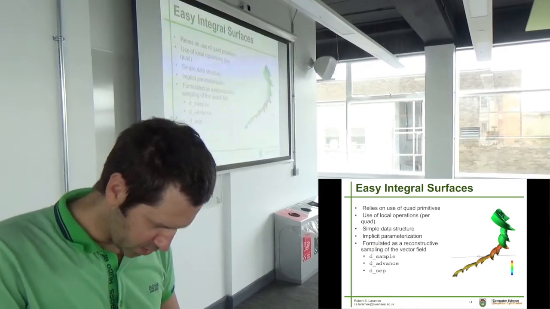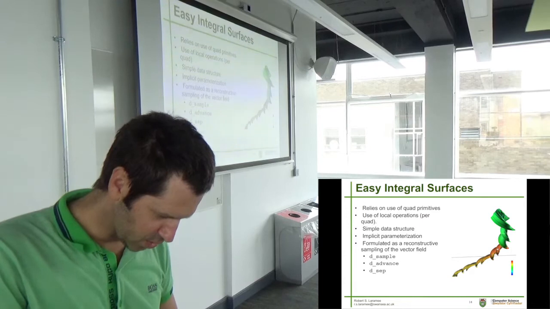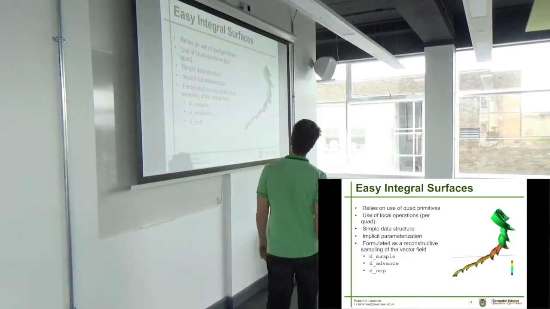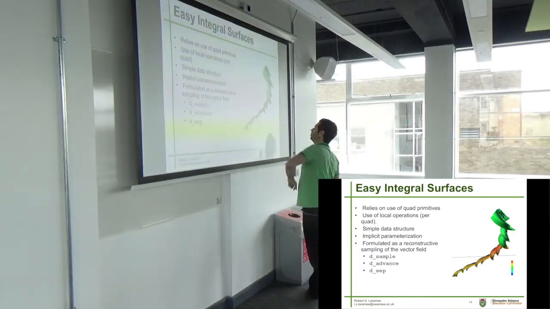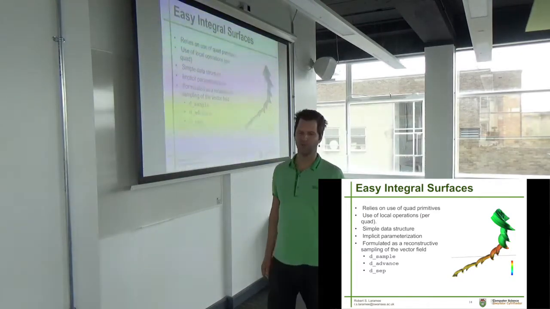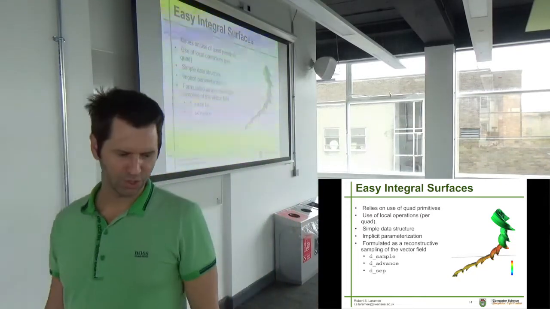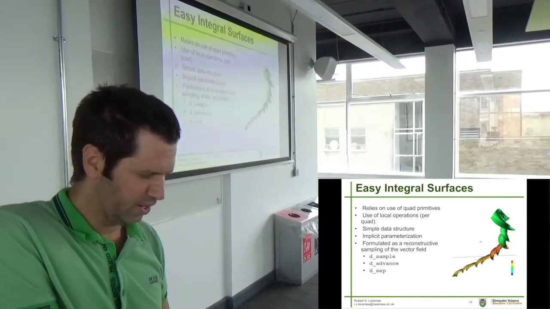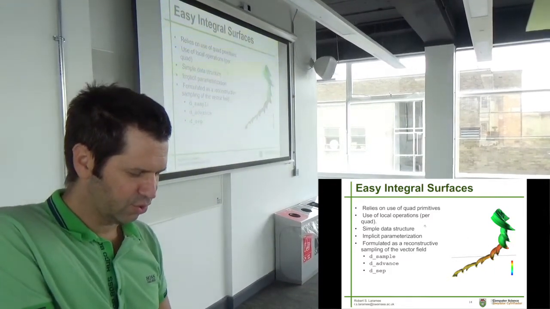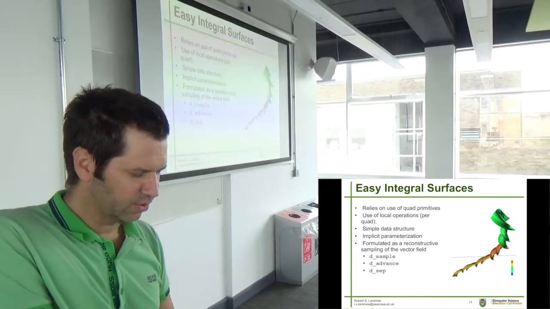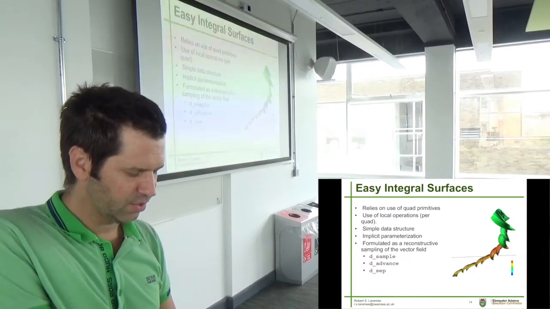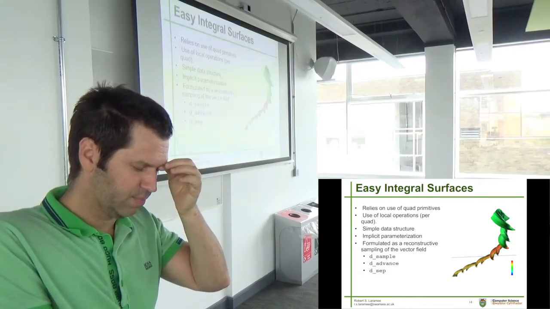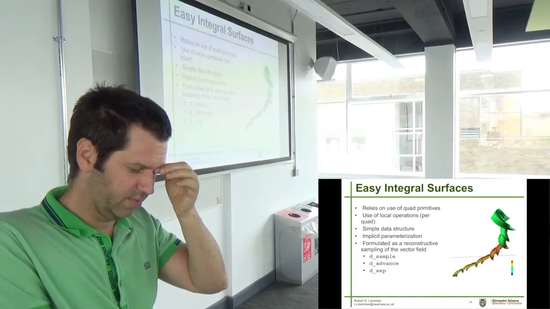I don't know if you guys can see this, but can you see the little rectangles there? If you look closely at this surface, you can see that it is composed of rectangles as opposed to triangles. Usually, surfaces are composed of triangles, but this algorithm uses quadrilaterals to make the stream surface construction simpler. And that's what we're going to look at in the next few slides.